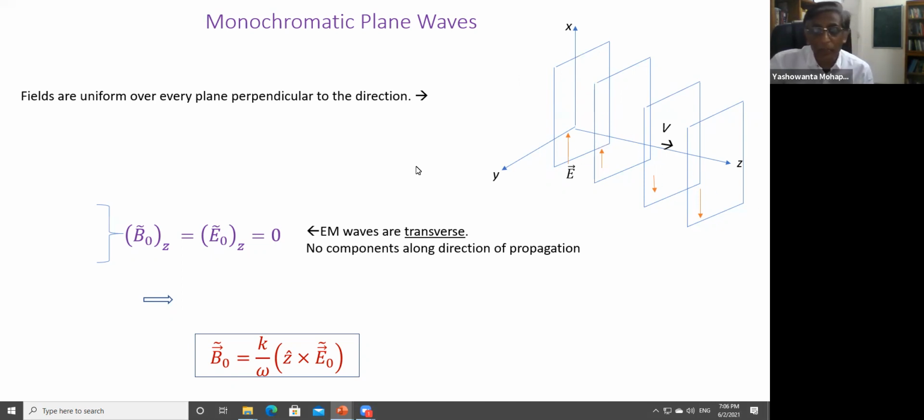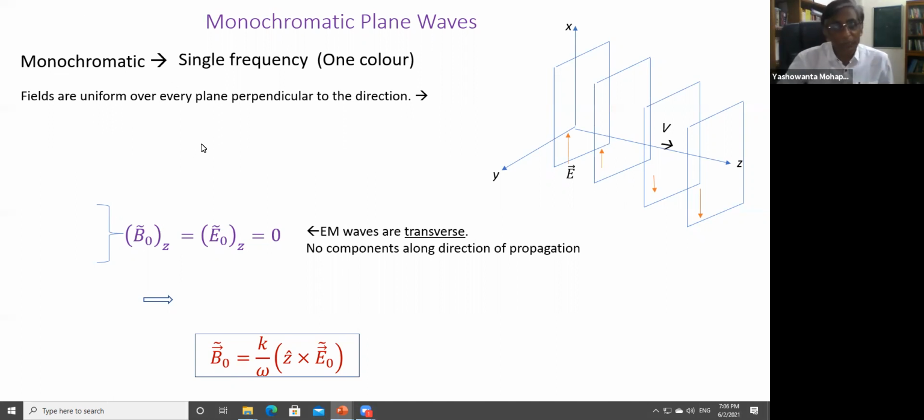And why monochromatic? Monochromatic means single frequency, one color. Chrome is color and mono is one. So we are going to deal most of the time with monochromatic waves of single wavelength and single frequency, going in a certain direction.